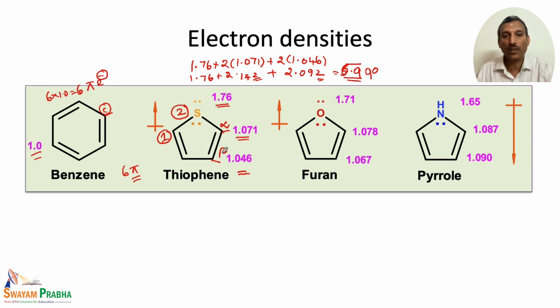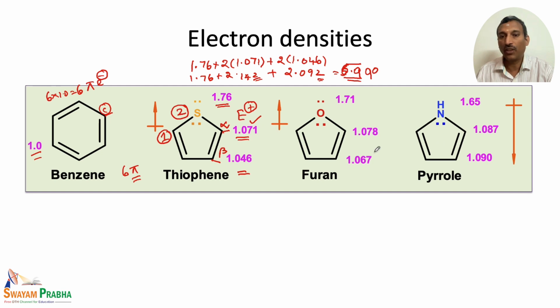When a reaction occurs on thiophene, the carbon having more electron density is more prone to undergo reaction, especially the electrophilic substitution reaction, because the electrophile has a positive charge. That means it is seeking electrons, and the carbon having more electron density can easily donate it. So between alpha and beta carbon, this alpha carbon has a higher electron density, so the reaction will occur very readily at position 2.